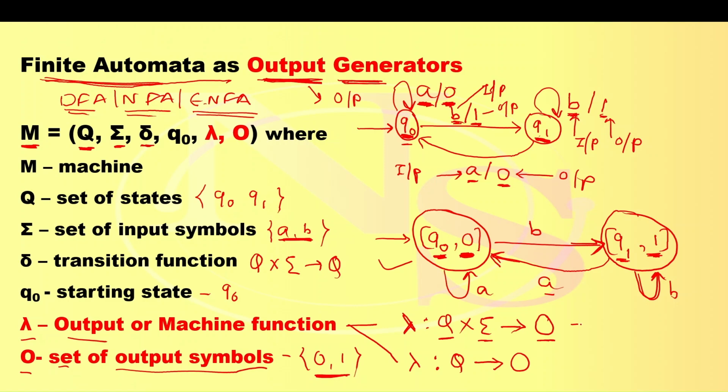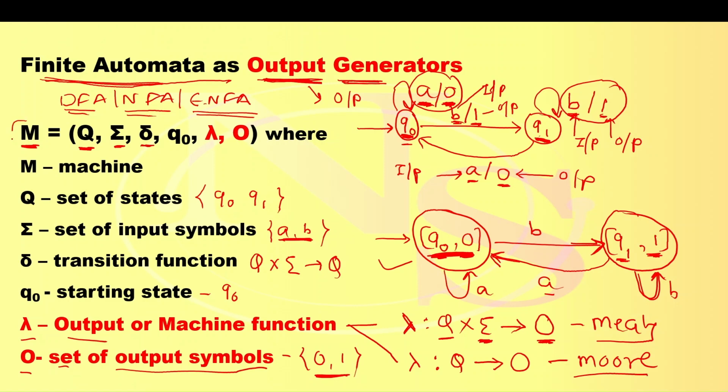The first kind of example is called a Mealy Machine, and the second type of automata is called a Moore Machine. Whenever input and output go together, or output is associated with input, it is called a Mealy Machine. When output is associated with state, for example here, it is called a Moore Machine.